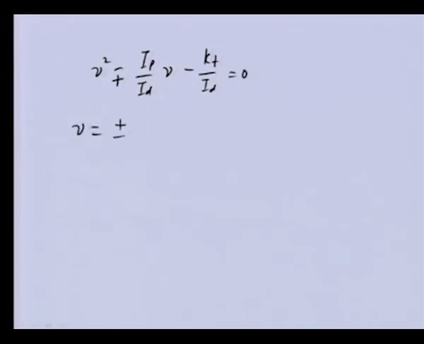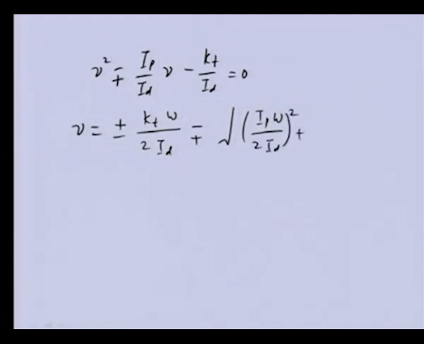So, this will give us the whirl frequency expression, plus kT by ID. So, this is the whirl frequency equation, and you will see that this whirl frequency, which is the natural frequency of the system, now depends upon the spin speed of the shaft.